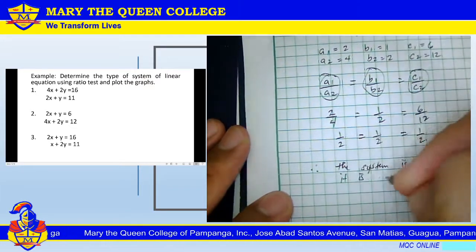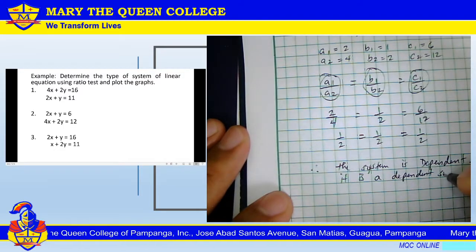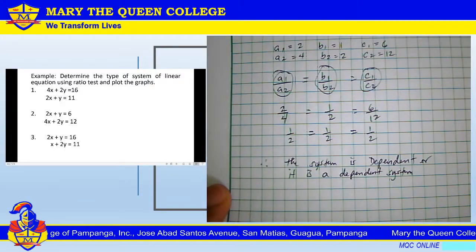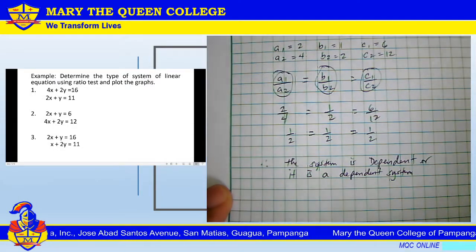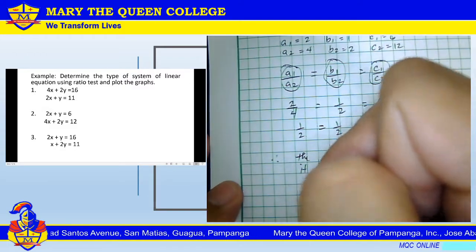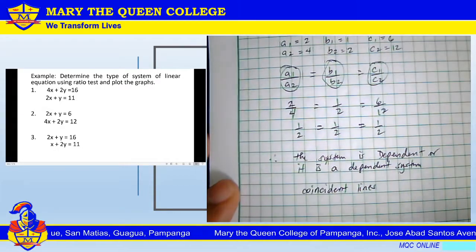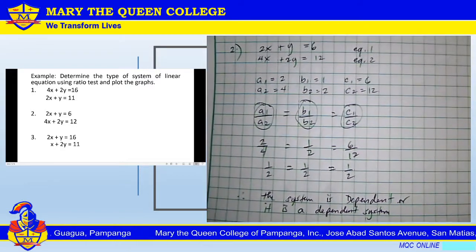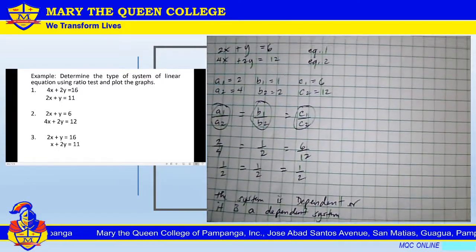So recalling our definition earlier, when we say dependent system, what kind of lines do we have? Going back to our definition, we can conclude that we can produce coincident lines with a dependent system. We can check if this is correct by plotting the points.